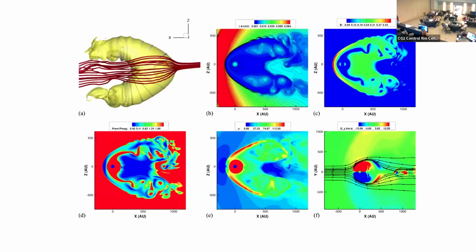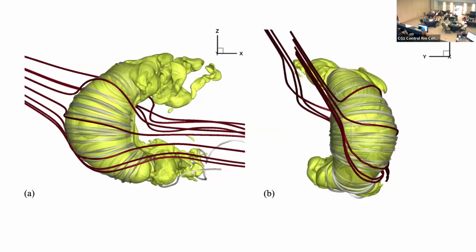Okay. And this is the shape as described by Meirav and Ofer's simulations of the crescent shape. So this is the draping of the interstellar magnetic field around the heliosheath. What happens is that the solar wind wraps these kind of slinkies.